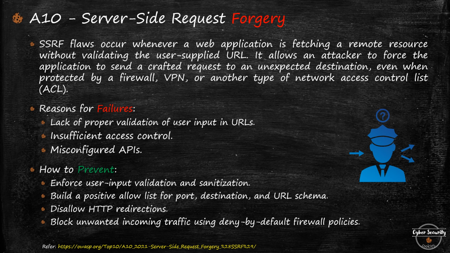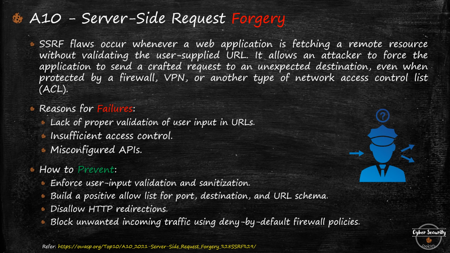The reasons for failures are improper validation of user URL, insufficient access control, and misconfigured APIs. The way to prevent it is to enforce user input validation and sanitization, have a list of allowed ports, destinations, and URLs, always disallow HTTP redirections, and block any unwanted traffic that is denied by default.